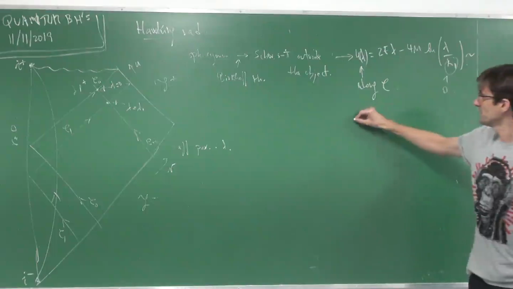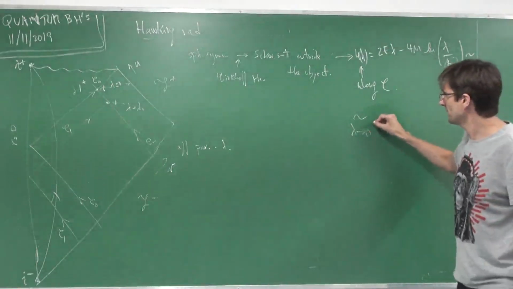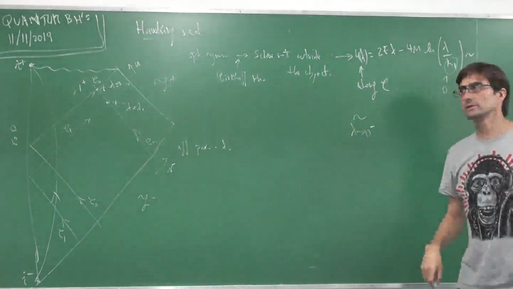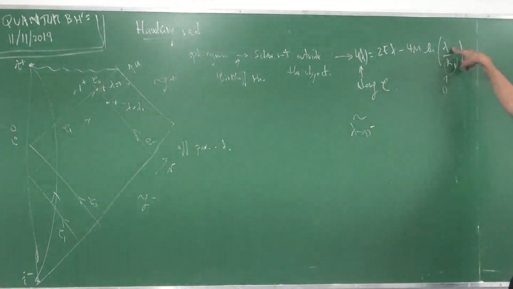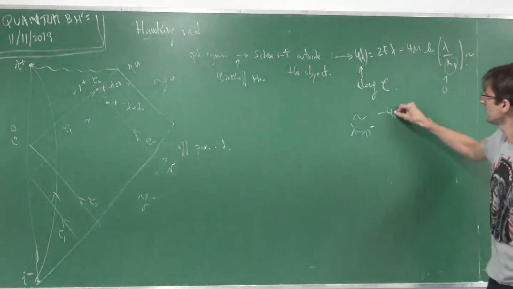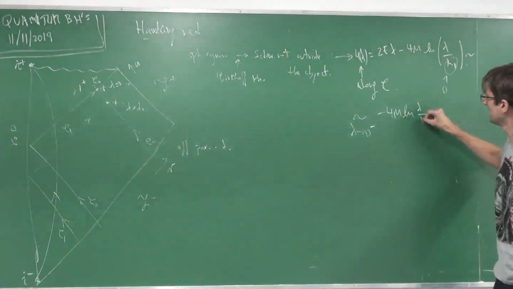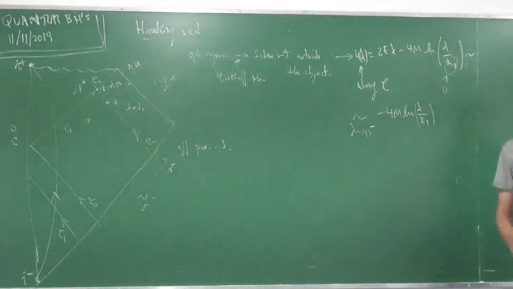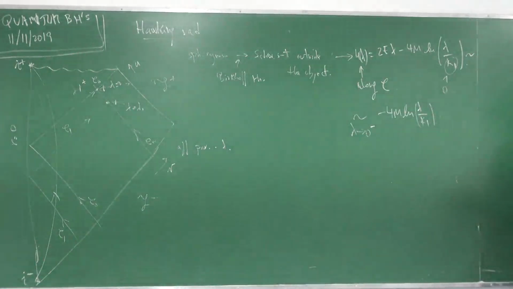As lambda approaches 0 from the left, the log will diverge, and so this dominates over the constant term.